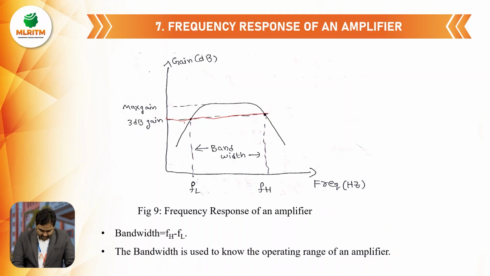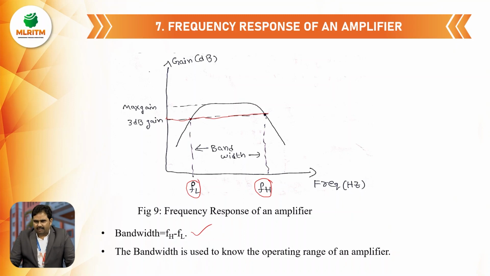And the starting frequency where it intersects, we will consider as the lower cutoff frequency. At the higher frequency side, we will consider another frequency, that is called the higher cutoff frequency. So there is a formula for bandwidth, that is the difference between higher cutoff frequency and lower cutoff frequency.